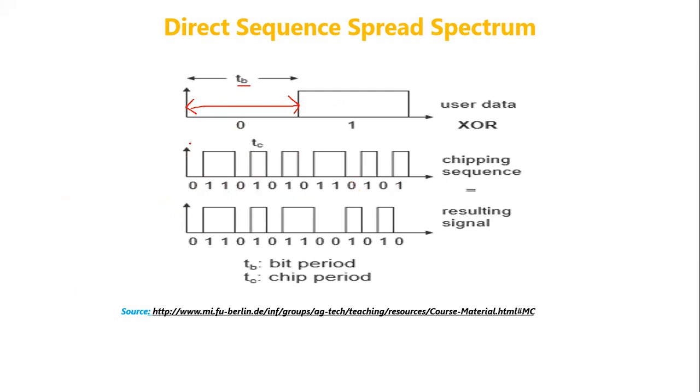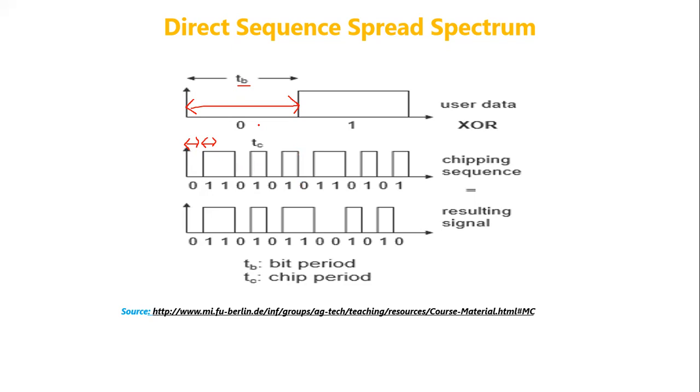Each bit of the chipping sequence is of very small duration. Multiple chipping bits put together will be equal to one duration of the user data. Here 1, 2, 3, 4, 5, 6, 7, so 7 bits of chipping sequence are equal to 1 bit of user data.